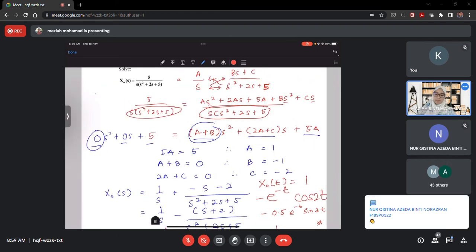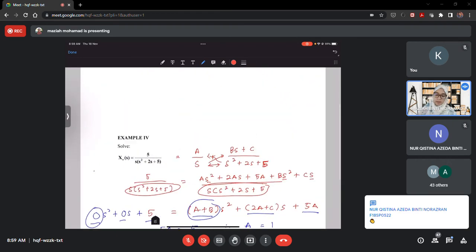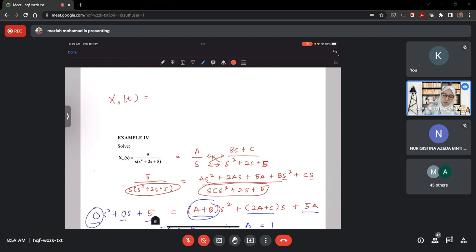Okay, let me write here. So x naught t is equal to 1 minus exponent negative t cos 2t minus 0.5 exponent negative t sin 2t.